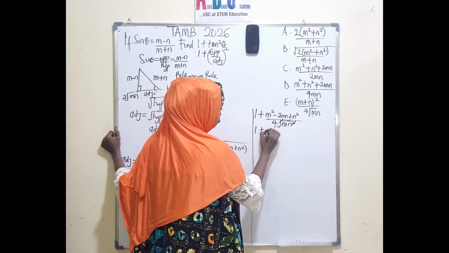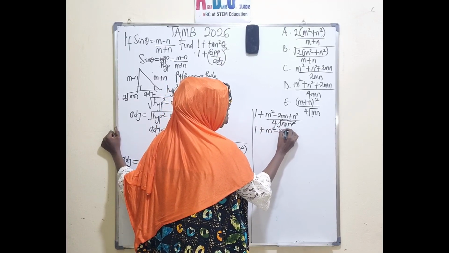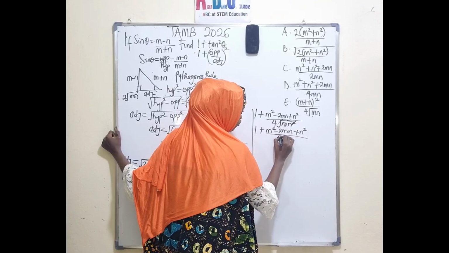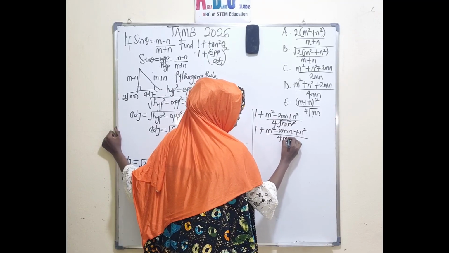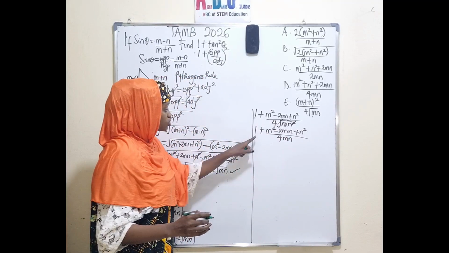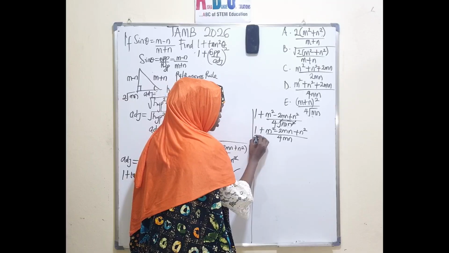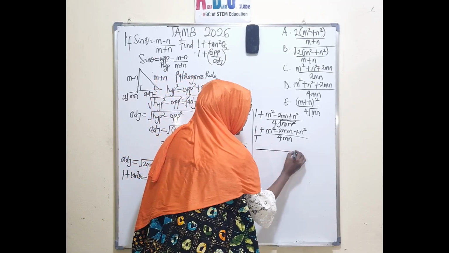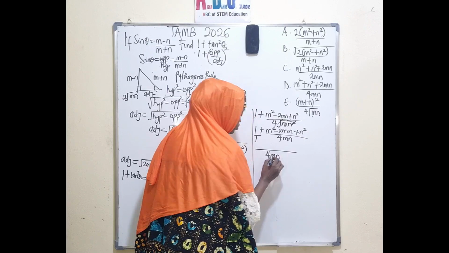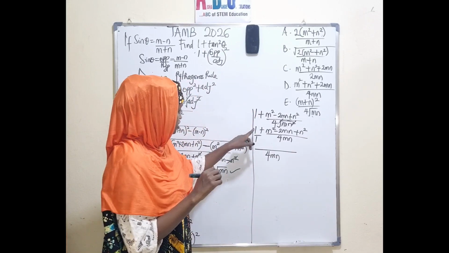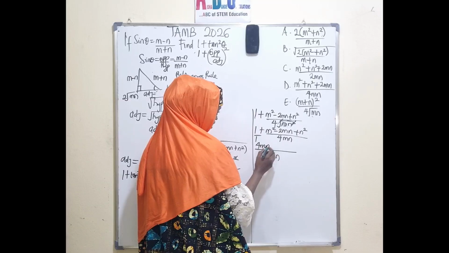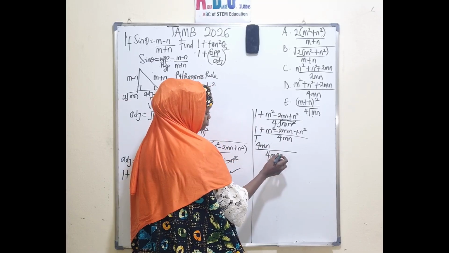So we have 1 plus m squared minus 2mn plus n squared over 4mn. So at this point, we are allowed to say 1 over 1 because 1 over 1 still gives us 1. So the LCM here is 4mn. Let's use the butterfly method to simplify this. Now 1 times 4mn will give us 4mn, right?